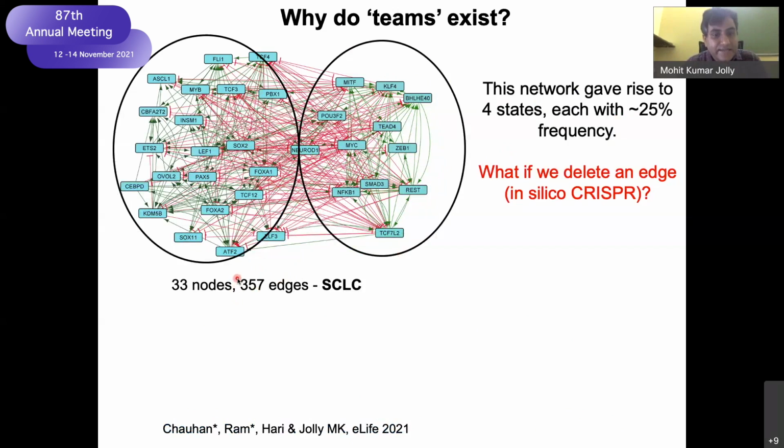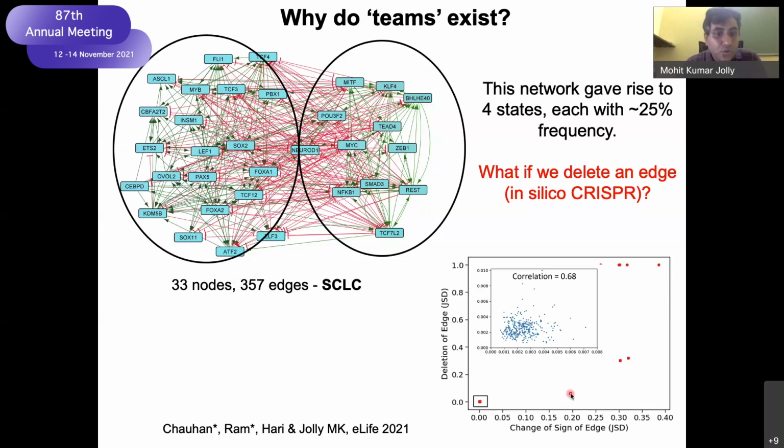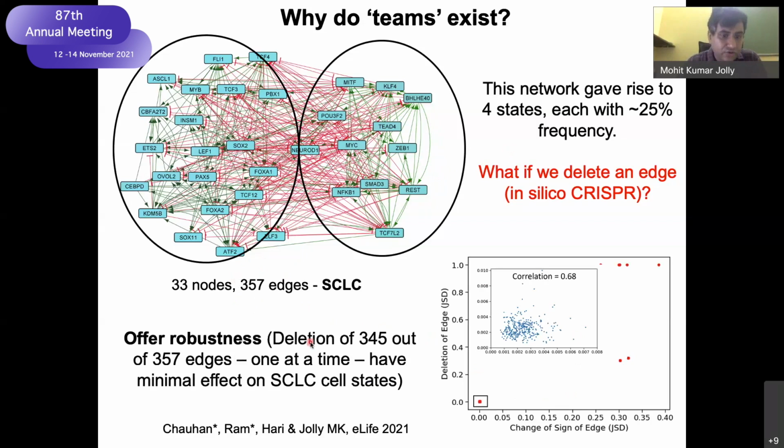How much has the steady state distribution changed? How much has the phenotypic distribution changed? And we noticed that it was only in 12 out of those 357 edges that there was any change. If you delete 345 of them, the network does not change at all. So that tells you about how much redundancy and robustness is present in the system, which might be one reason why such teams exist.